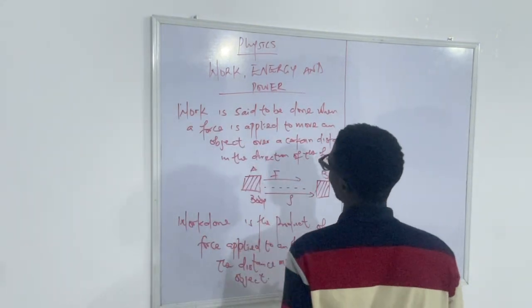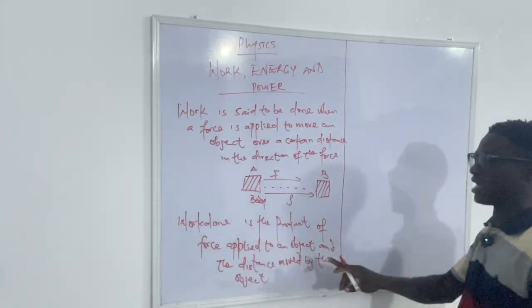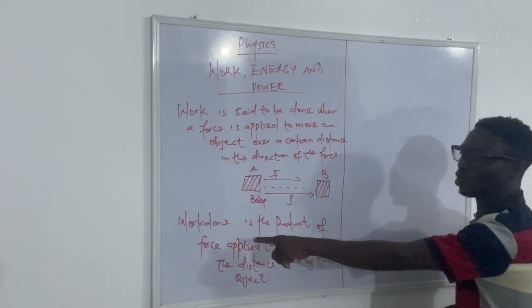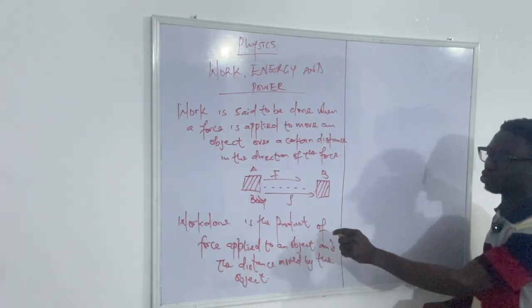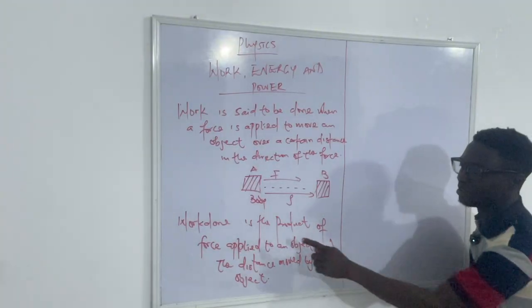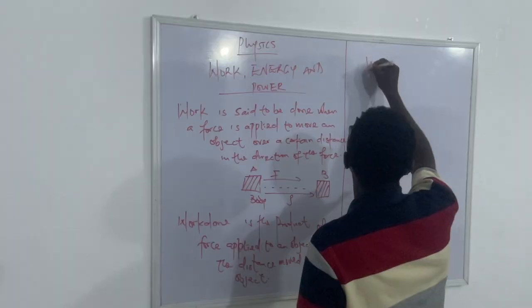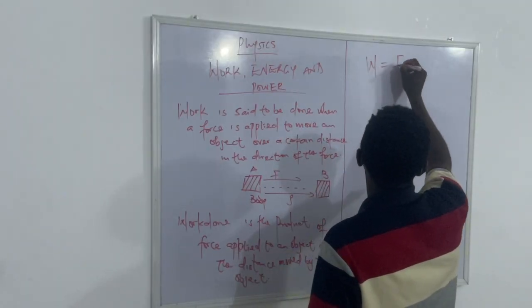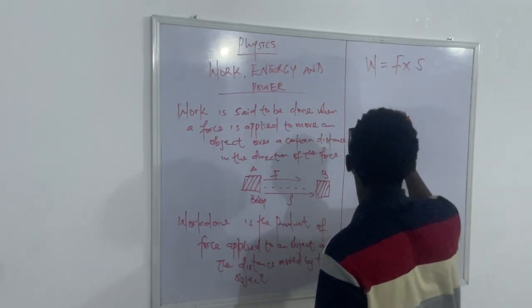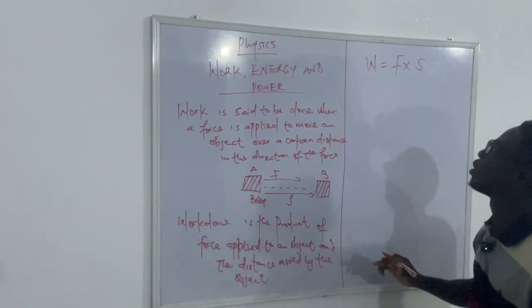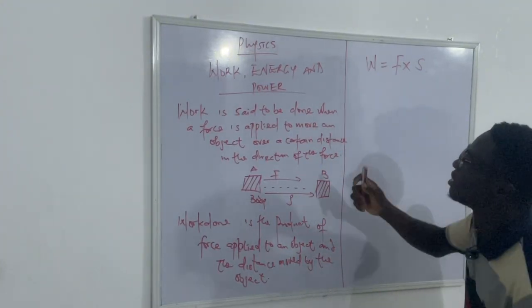So for short, since we said work done is the product of force applied to an object and the distance moved by the object, it simply means that work done is equal to force times distance.